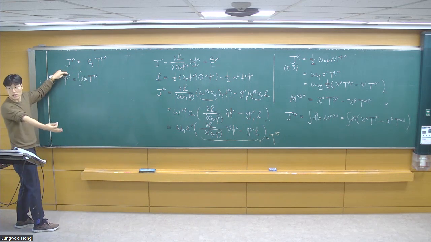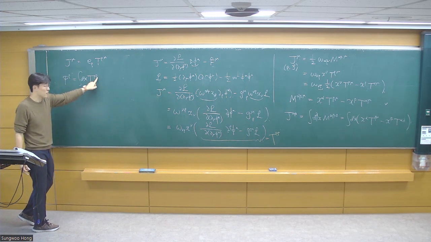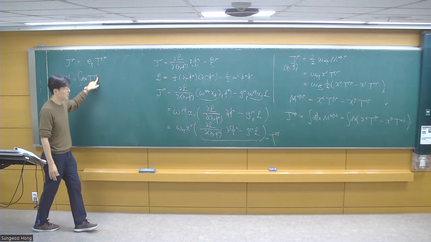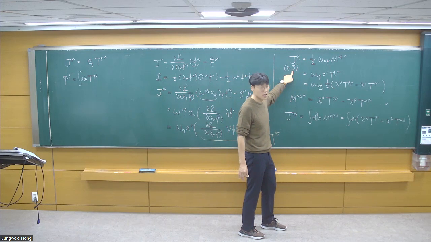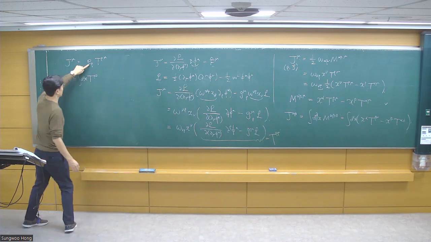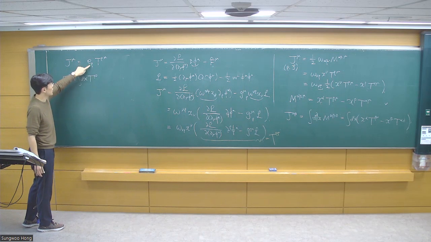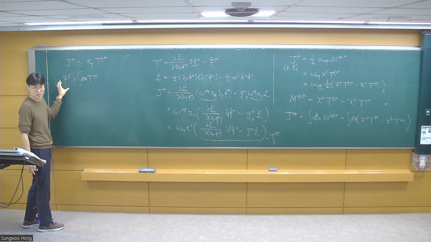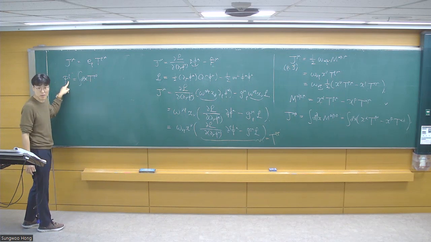If I perform spatial translation, I get momentum as the charge, because I'm looking at the zeroth component of the conserved current. Let me say it again: zeroth component is charge density, spatial components are current, depending on what transformation I'm making. If I make temporal translation, the associated charge is the Hamiltonian. If I make spatial translation, the charge is momentum.